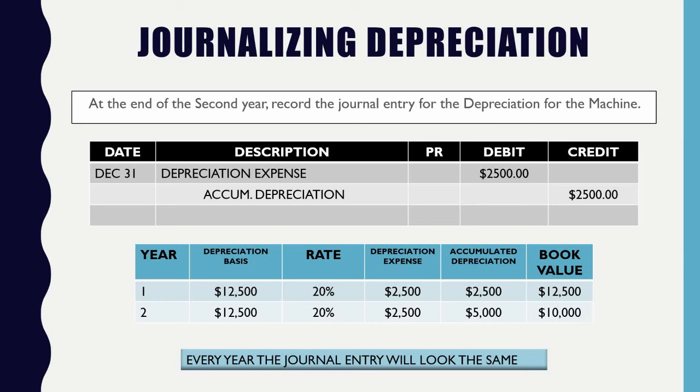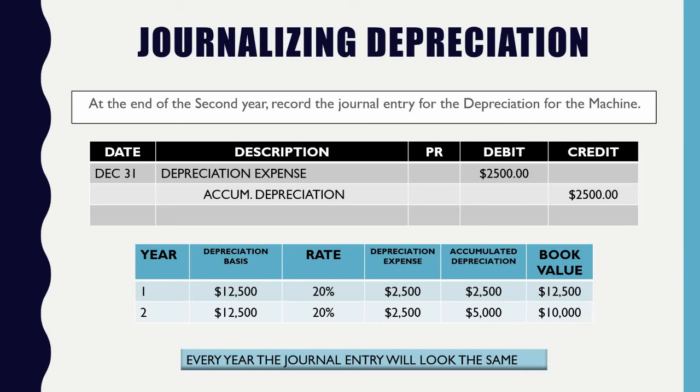Now, the accumulated depreciation that you solve in your table is what should reflect in your ledger, not your journal. Your journal tells you that you're going to depreciate your asset by 2,500, and you're going to place another 2,500 in your accumulated depreciation.